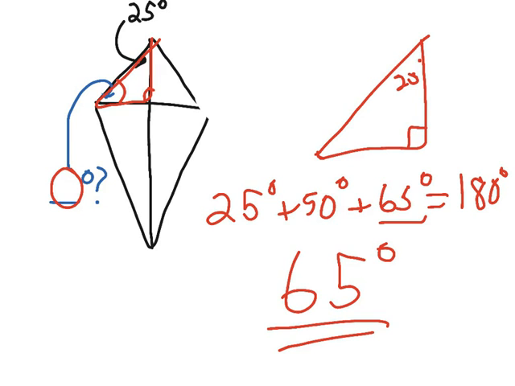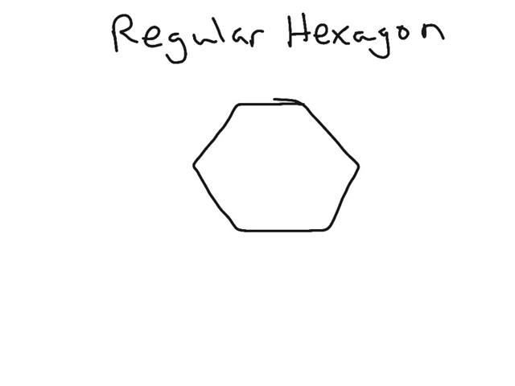In this second example, we have a regular hexagon. A hexagon has 6 sides. And I'm going to take one of the sides and extend it. When I extend it, it makes an exterior angle. So what would the measure of that exterior angle be?